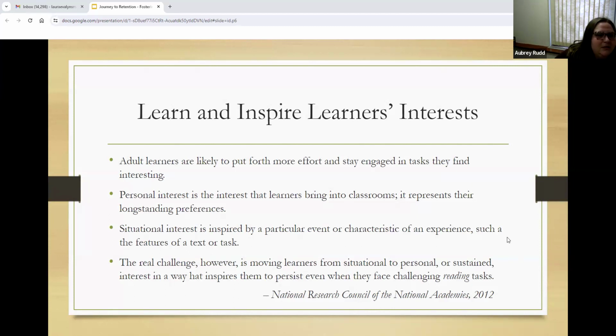The real challenge, however, is moving learners from situational to personal or sustained interest in a way that inspires them to persist even when they face challenging reading tasks.